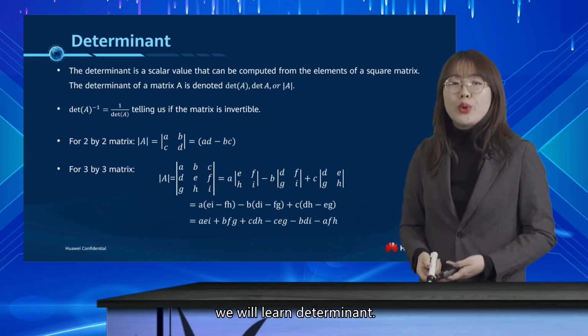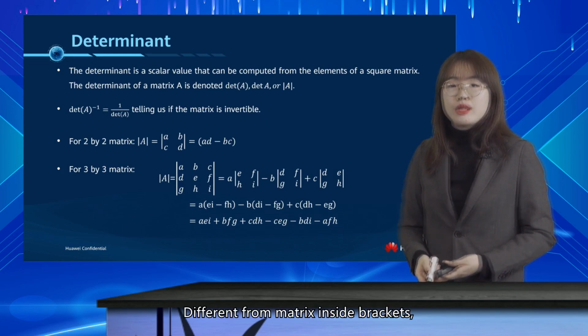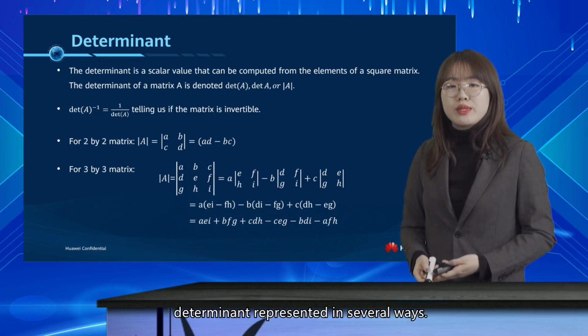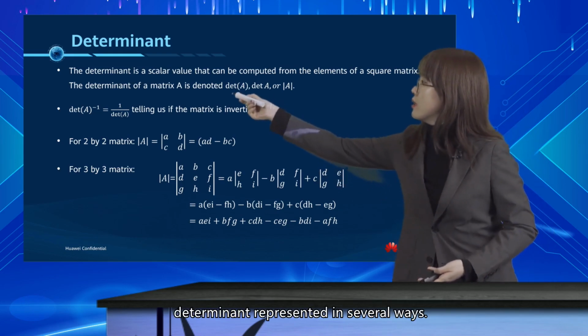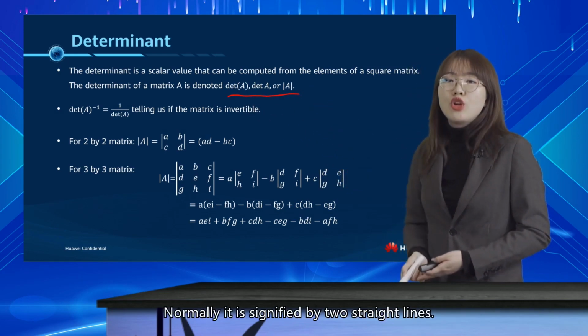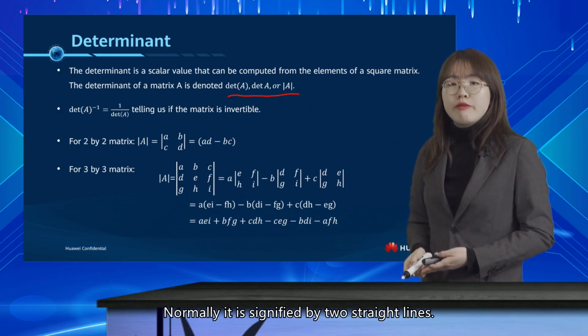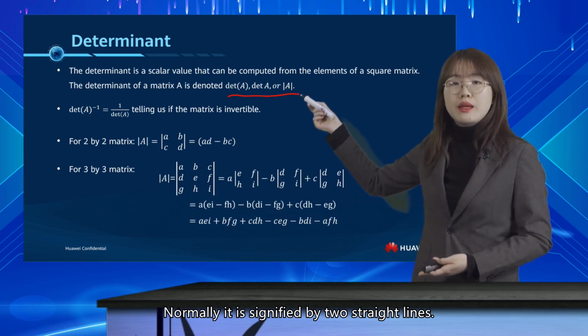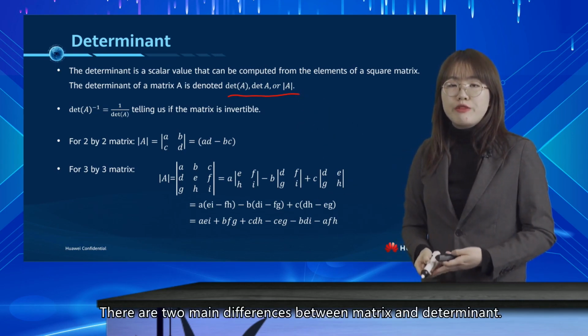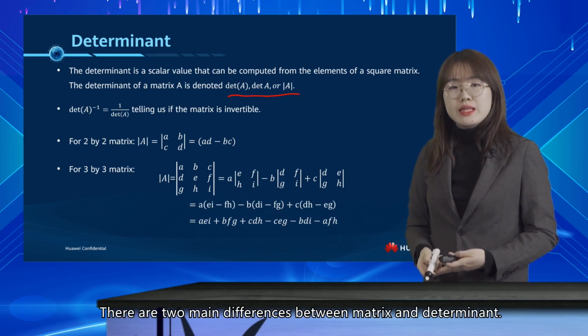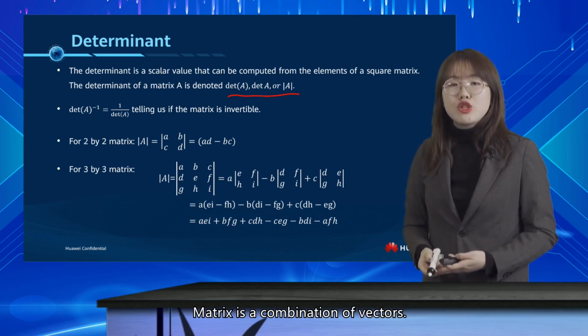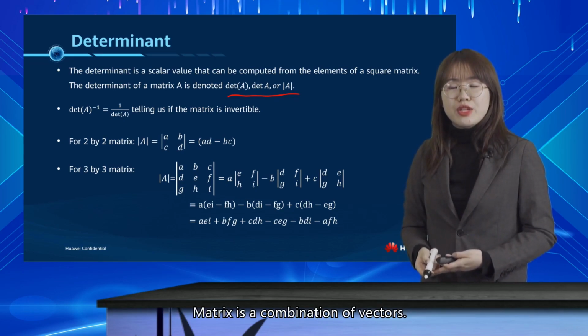On this page, we will learn the determinant. Different from a matrix inside brackets, the determinant is represented in several ways. Normally, it is signified by 2 straight lines. There are 2 main differences between a matrix and a determinant. A matrix is a combination of numbers.